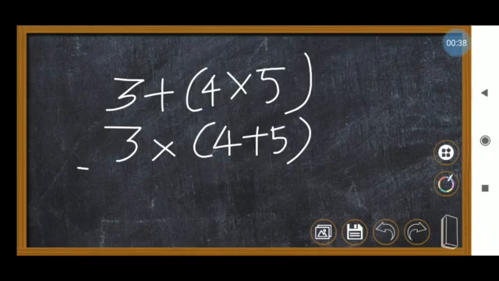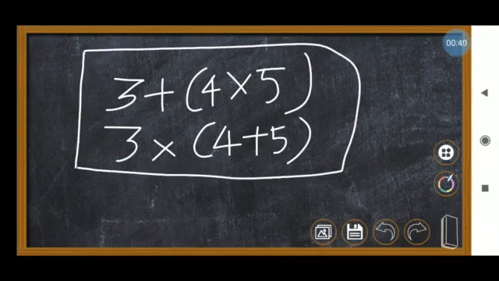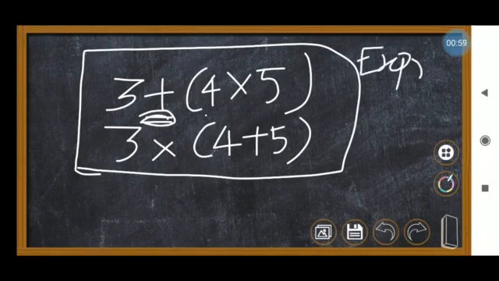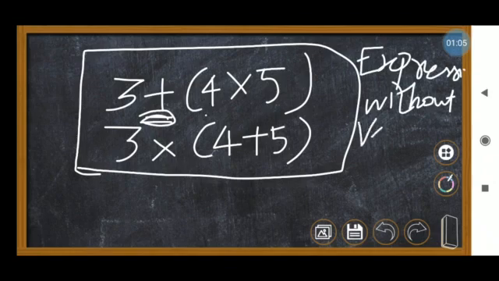If you look at this kind of expression, it has operator symbols and numbers, but here they mention only constants. They didn't use variables like x, y, z. So this kind of expression is called an expression without variable.